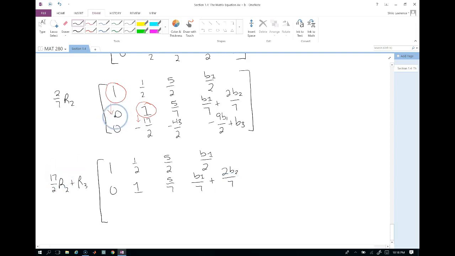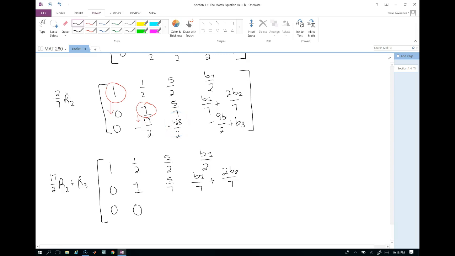So 17 halves times 0 plus 0 is 0. 17 halves times 1 is 17 halves plus negative 17 halves is 0. 17 halves times 5/7, that's going to be 85 over 14. I need to add that to negative 43 halves.